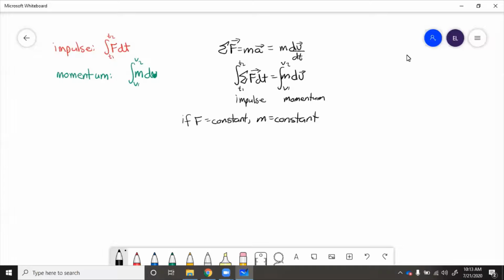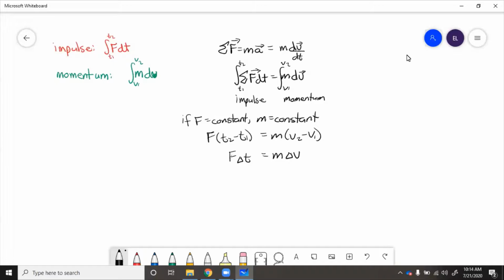Then when we integrate this, we get F times (t2 minus t1) equals m times (v2 minus v1), which we also write as F delta t equals m delta v. So basically, if the object gets hit by force over a time period, its velocity changes. That's what this law is telling us.